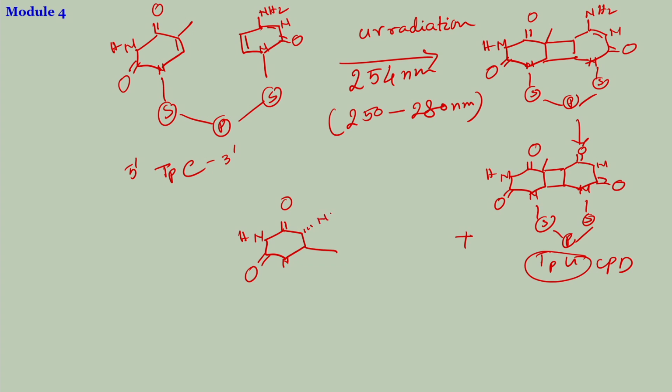Here you will have the methyl group and the NH2, this sugar, phosphate, and here this is the 6,4.